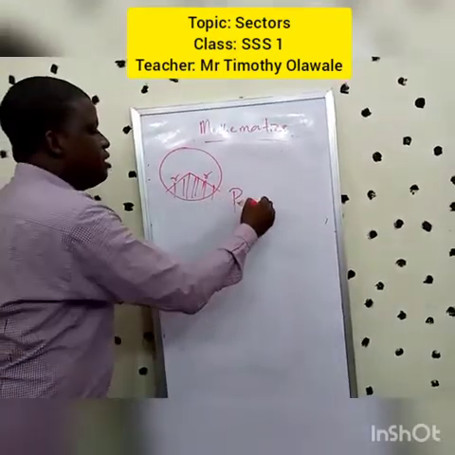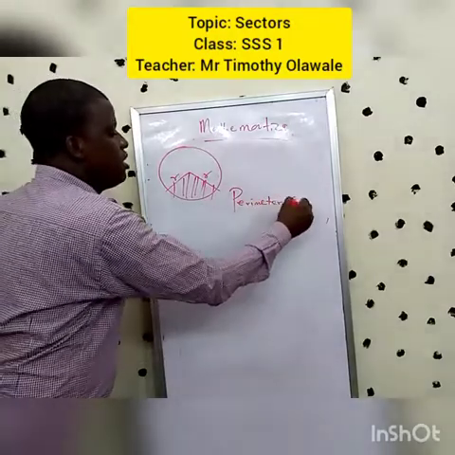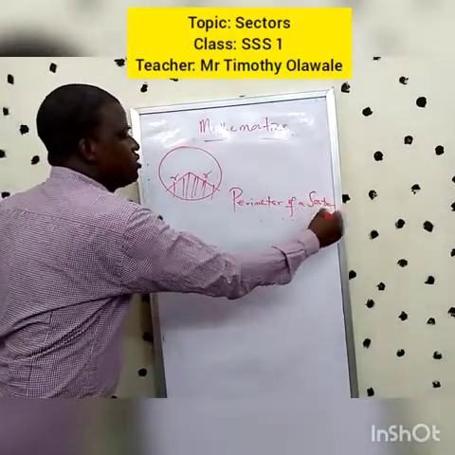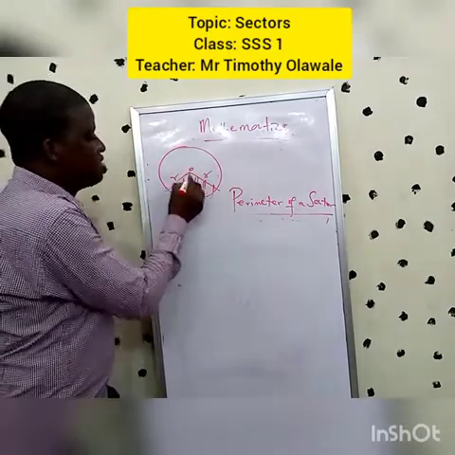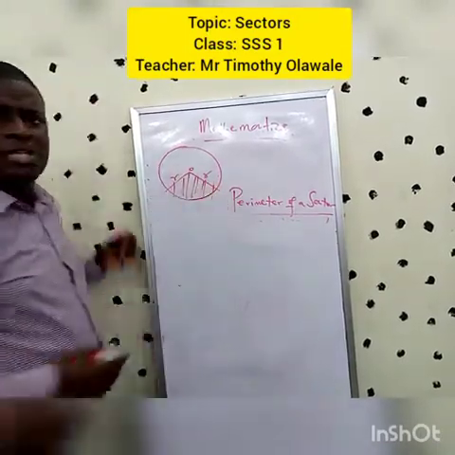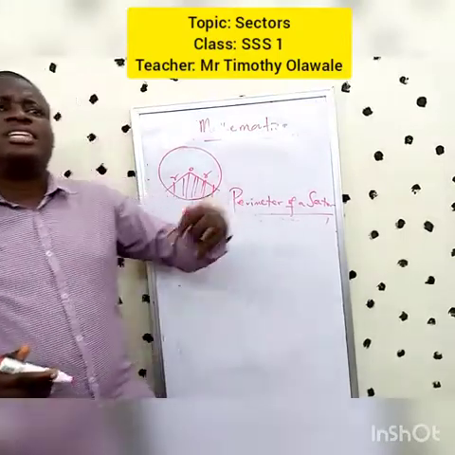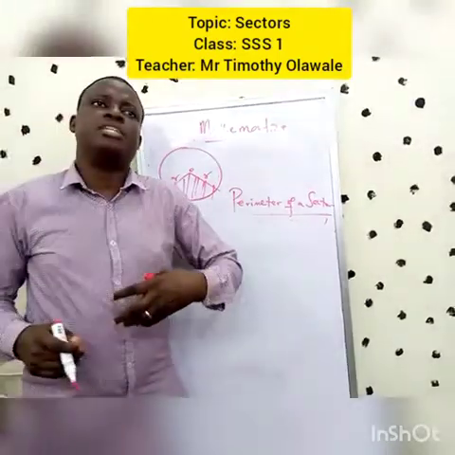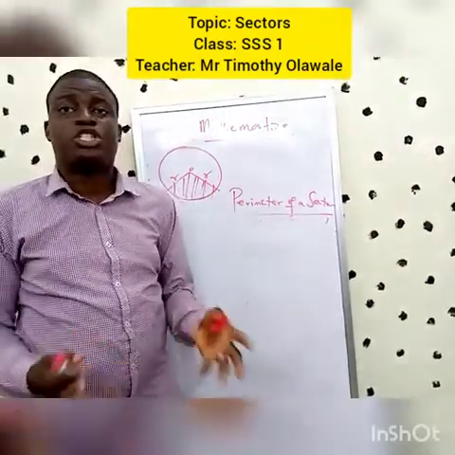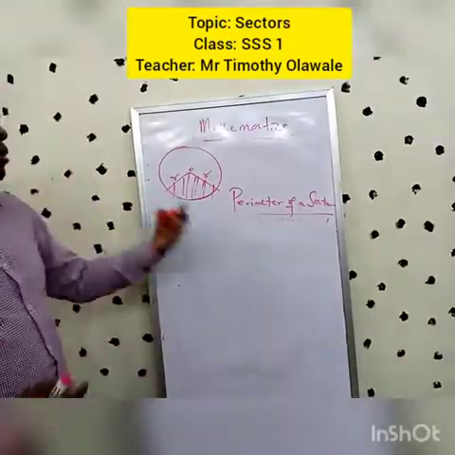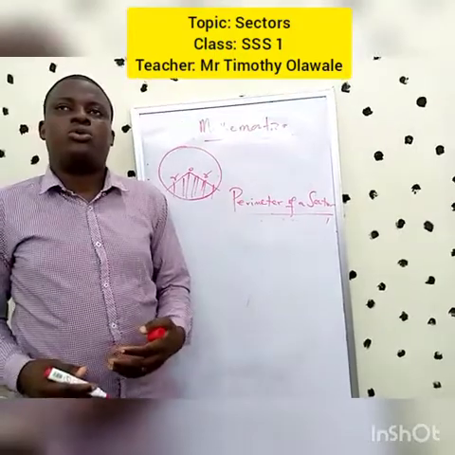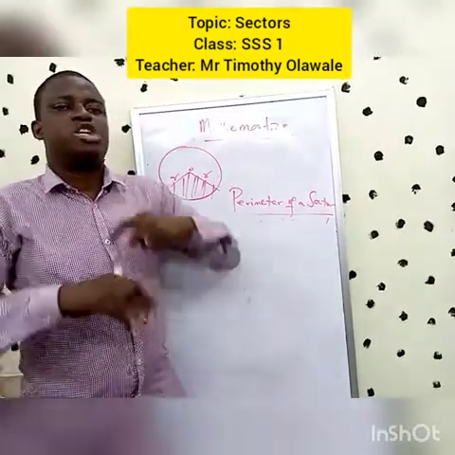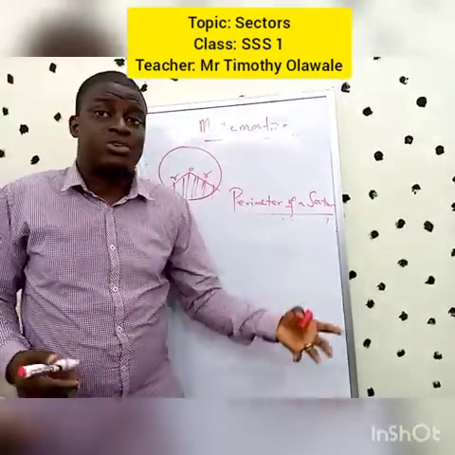Perimeter of a sector. Please pay attention. Remember that this is radius, and this is arc. The word perimeter means the addition of all the sides of a shape. If you are asked to find the perimeter of a rectangle or a square, we are saying the addition of all the sides.